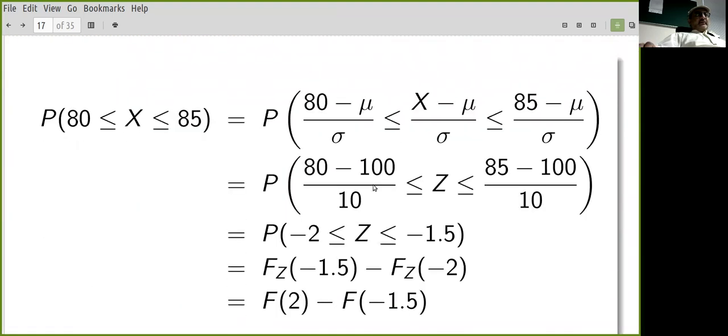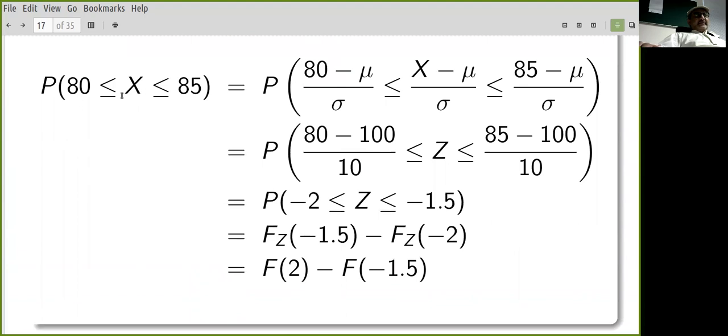Well, now convert to the standard normal. It's the probability that X minus mu over sigma takes values between 80 minus mu over sigma and 85 minus mu over sigma.